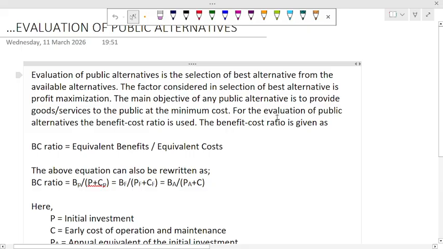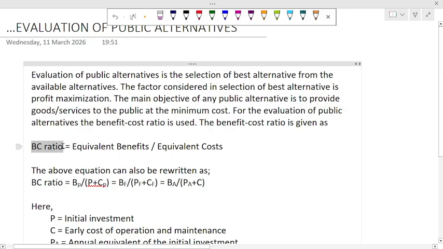So for the evaluation of public alternatives, the benefit cost ratio is used. How much does this cost you? What's your benefit? What's your cost? What it costs you to get it, and what do you gain from it? So the benefit to cost ratio is given by this formula.